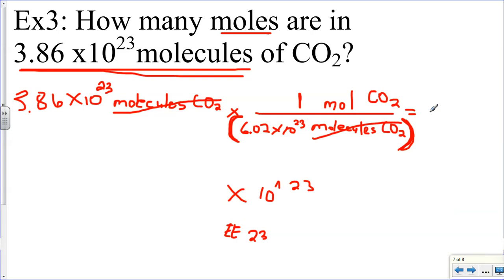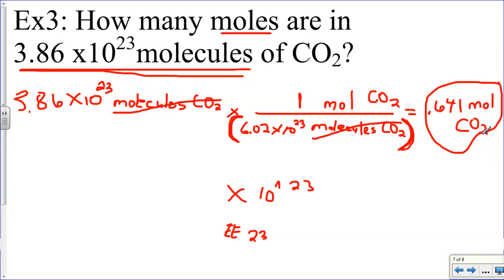Okay, I came up with 0.64119 and so on. I'm going to keep 3 significant digits because that's what I have in my original given. My unit is the mole, and my substance is carbon dioxide. And that is our final answer.